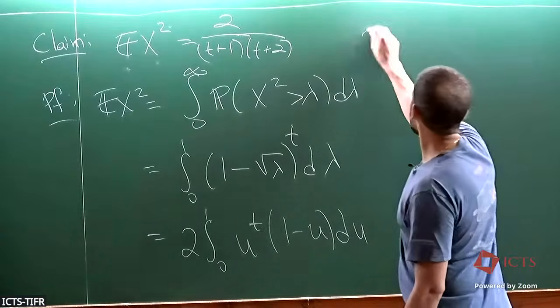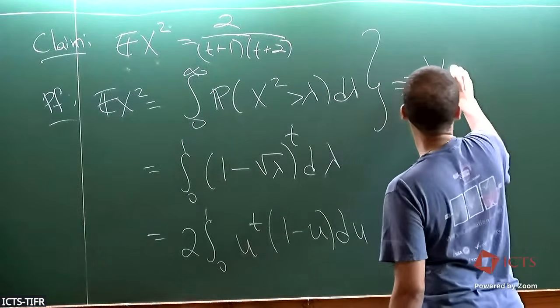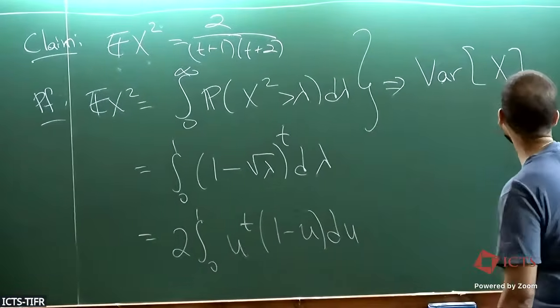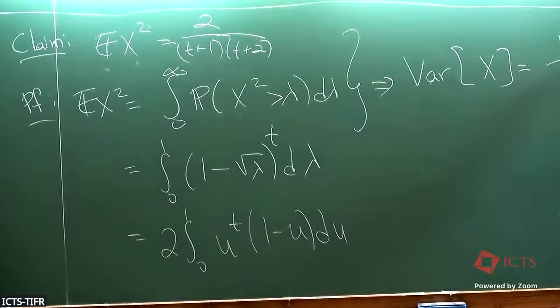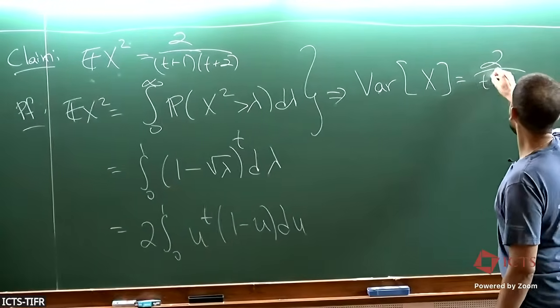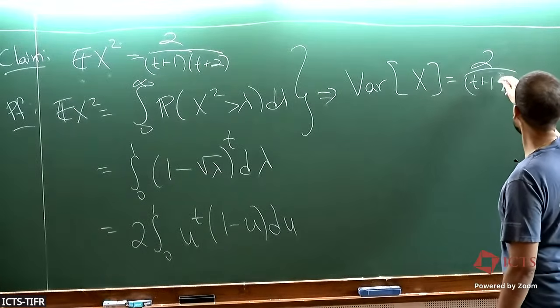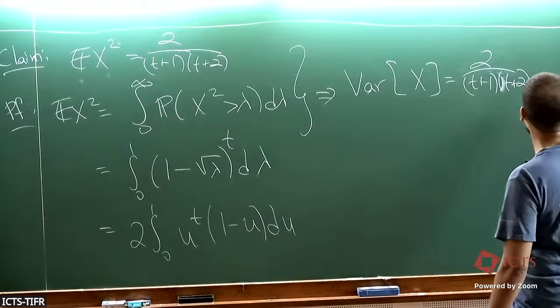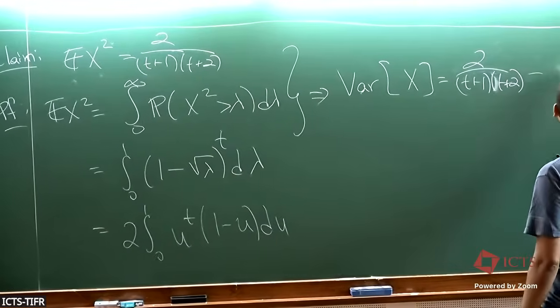And this all implies that the variance of x is going to be equal to 2 over (t plus 1)(t plus 2) minus 1 over (t plus 1) squared.